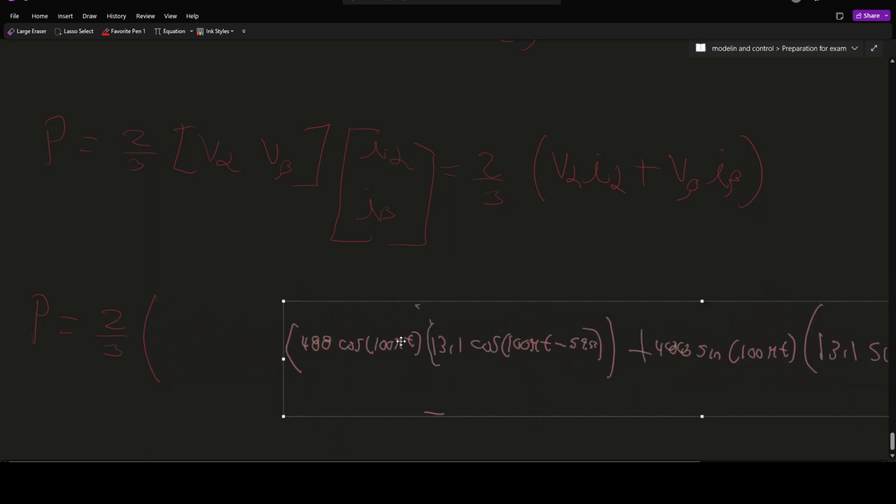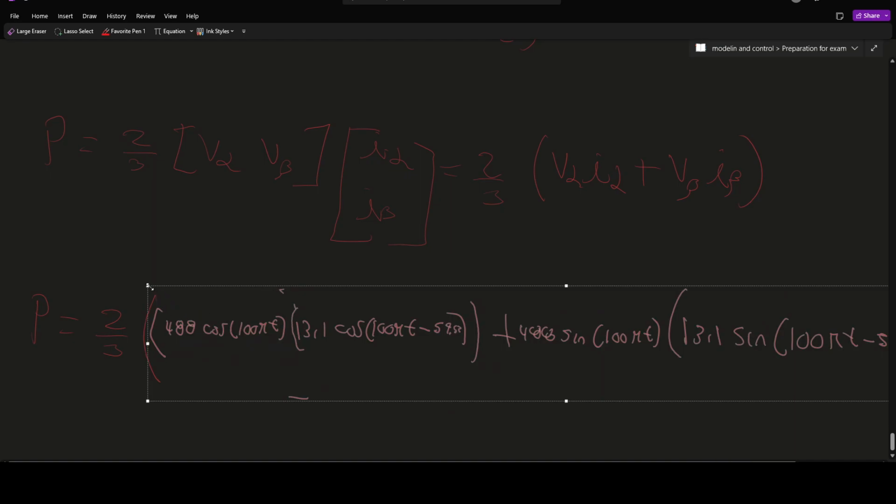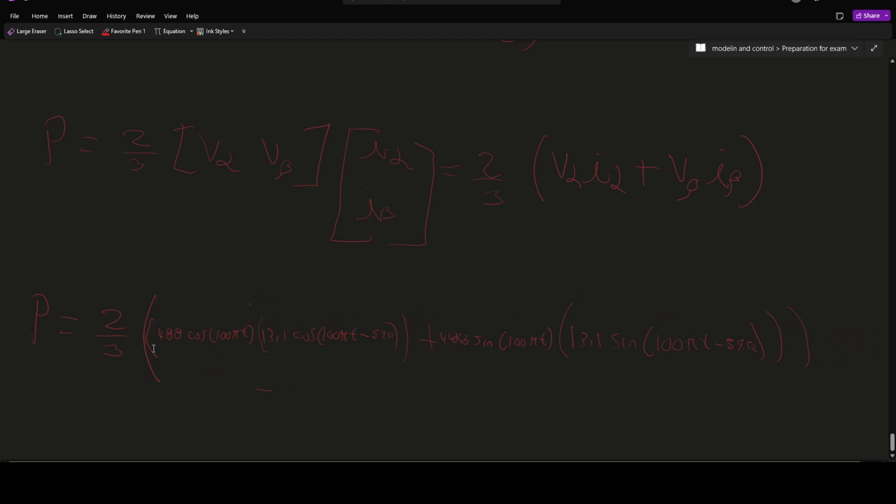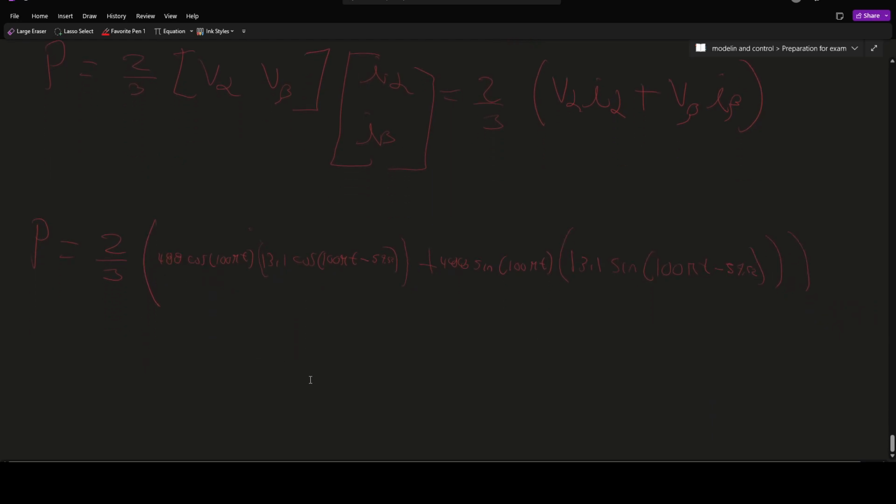Let me make it smaller so it fits on the screen. This is our alpha components plus our beta components multiplied.